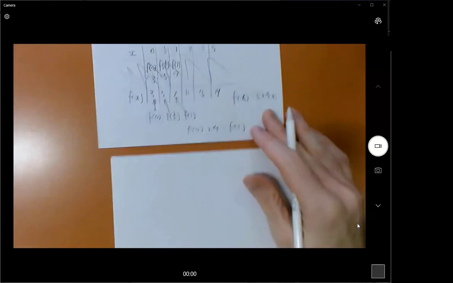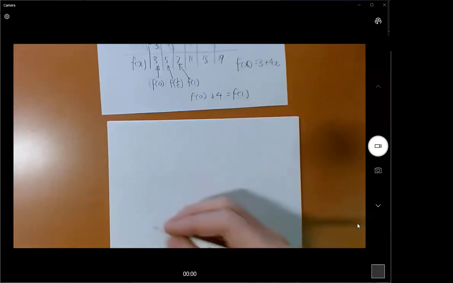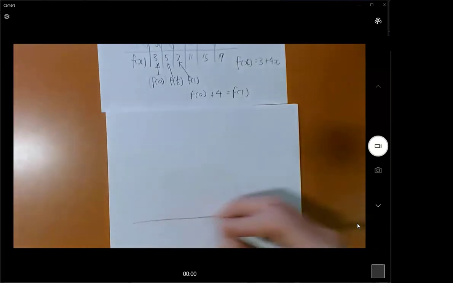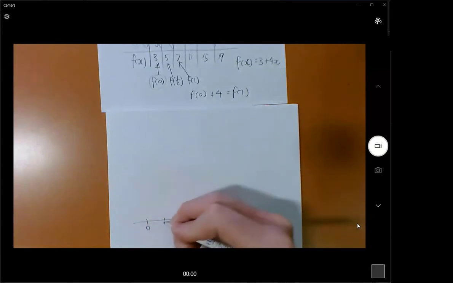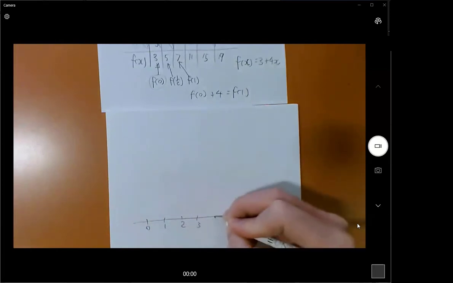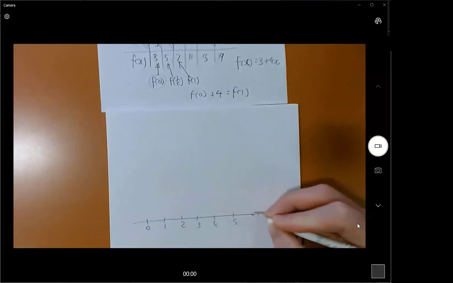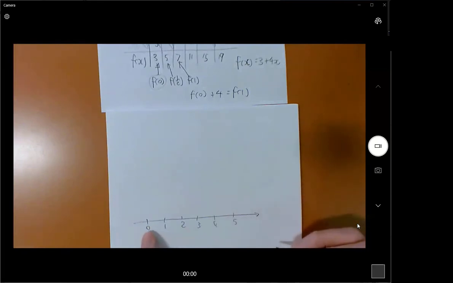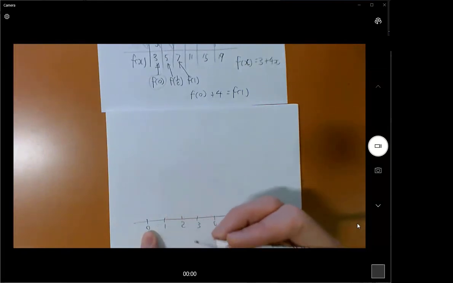Okay, next stage. So when I saw this number line, there was a number attached to each of these numbers.